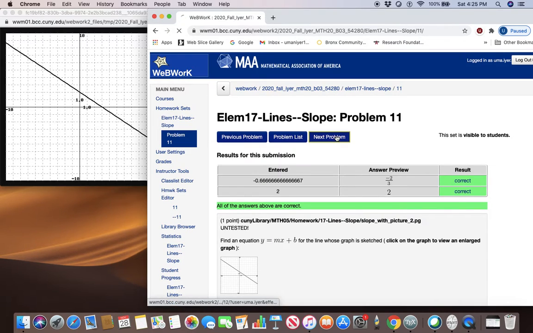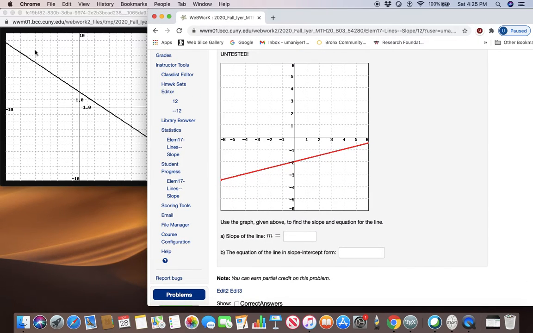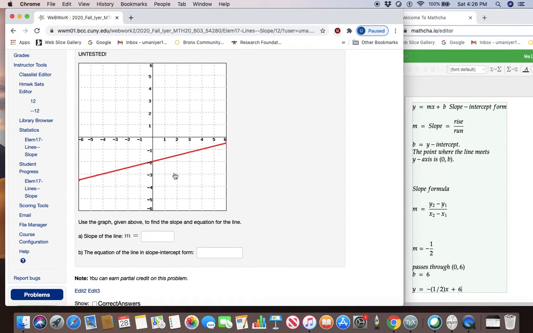Next problem. You use the graph here to find the slope and the equation. All right. We need the y-intercept. Y-intercept is negative 2, right?